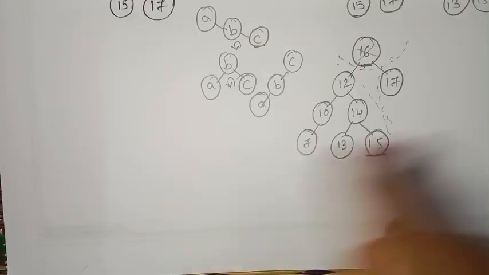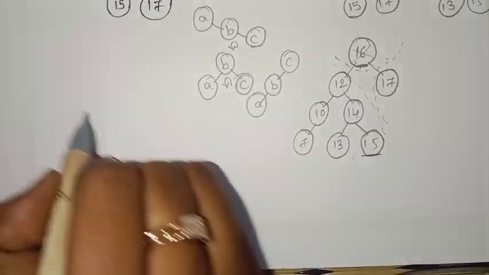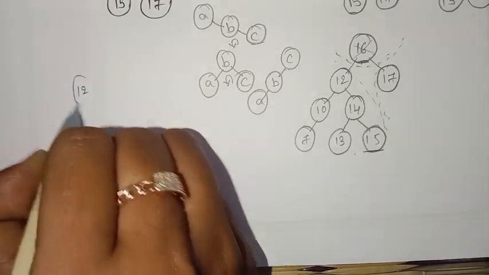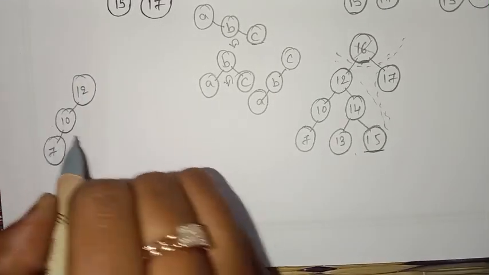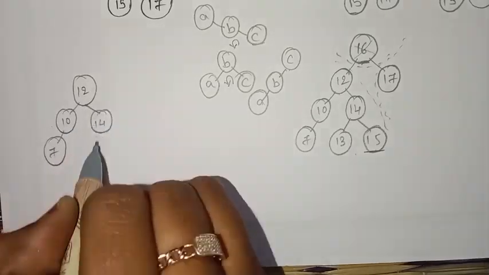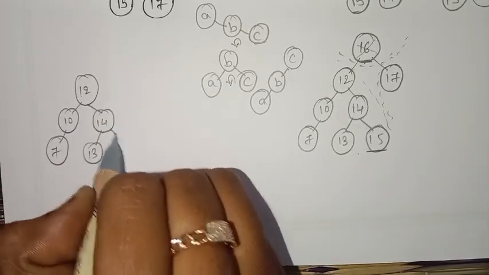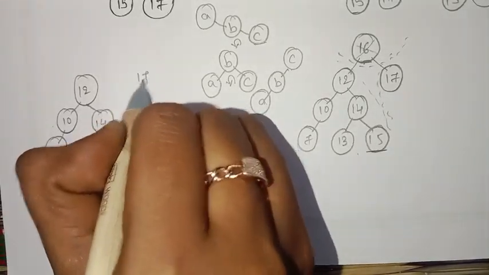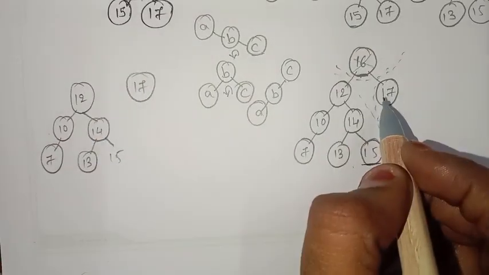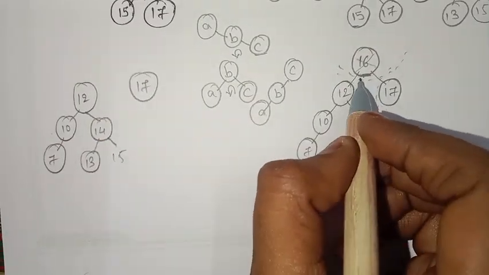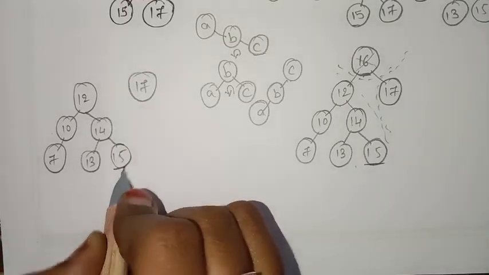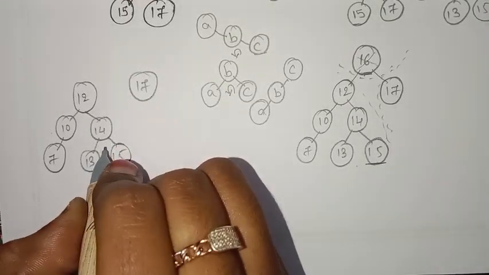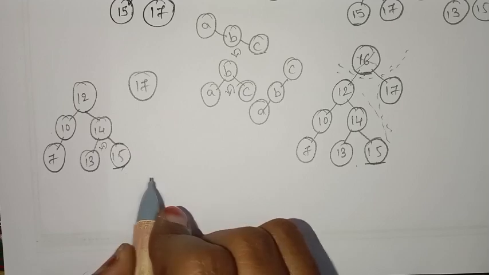So now the tree will be different, that is 12, 10 and then 7. Now here 14, 13 and 15 and 17 is a separate set. If you want to add this 17 as a root, you can. Otherwise from this left subtree I am taking the maximum value. So here also the same rotations I need to perform.